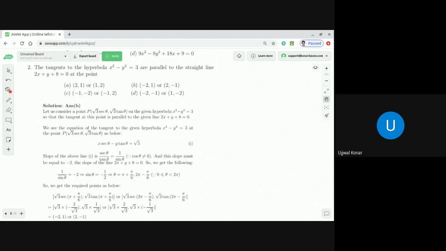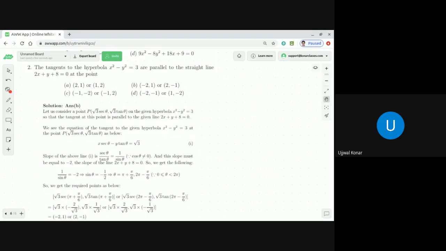Let that parametric point be √3 sec theta, √3 tan theta on the given hyperbola x square minus y square equal to 3, so that the tangent at this point is parallel to the line 2x plus y plus 8 equal to 0. The equation of the tangent to the given hyperbola at the point √3 sec theta, √3 tan theta is x sec theta minus y tan theta equal to √3. Correct or not?